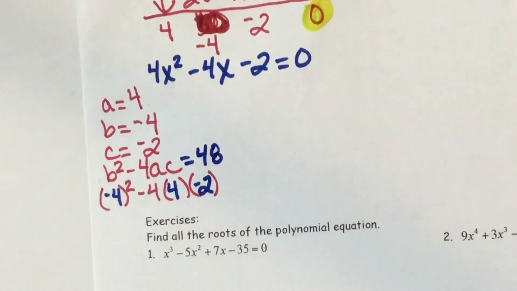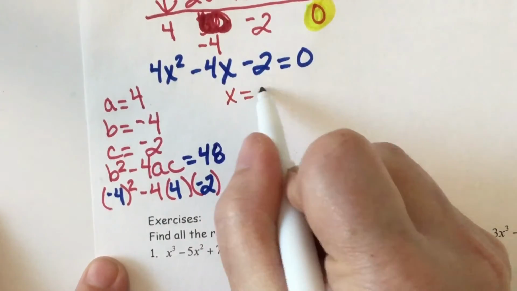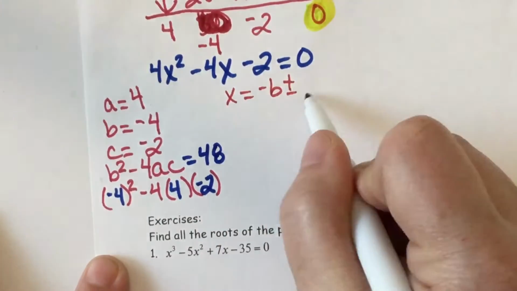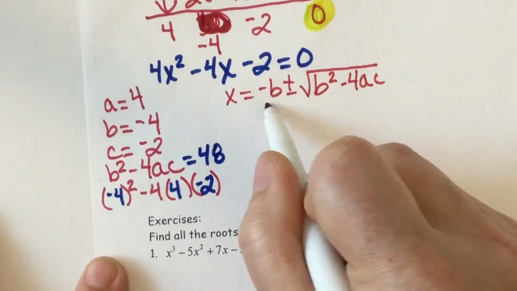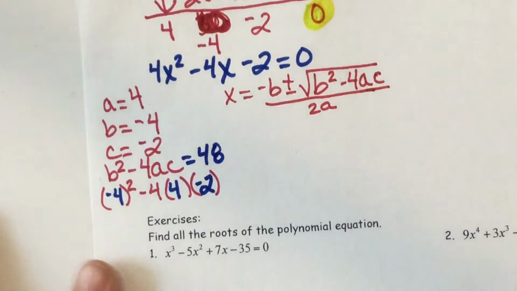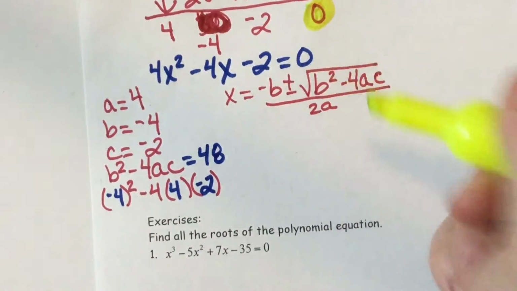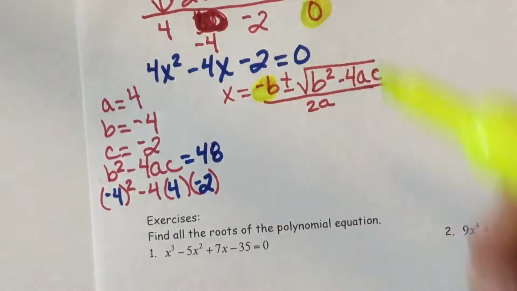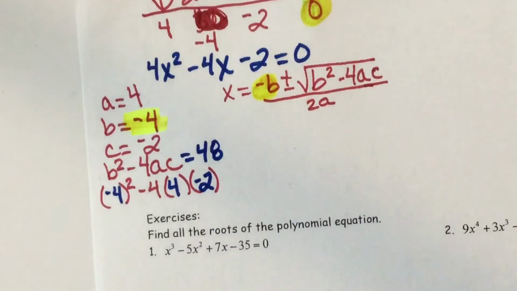All right, so I'm going to sing my formula to you again. X equals the opposite of b plus or minus square root b squared minus 4ac all over 2a. Okay, let's plug in stuff. So first, it wants the opposite of b. So what's the opposite of a negative 4?